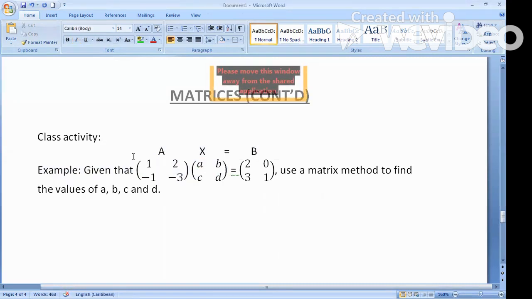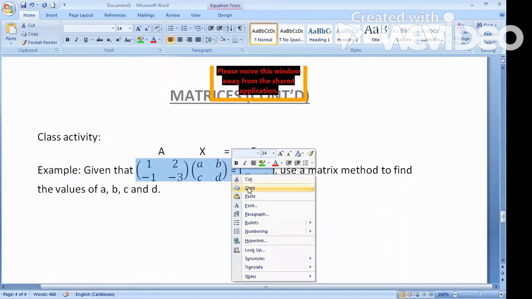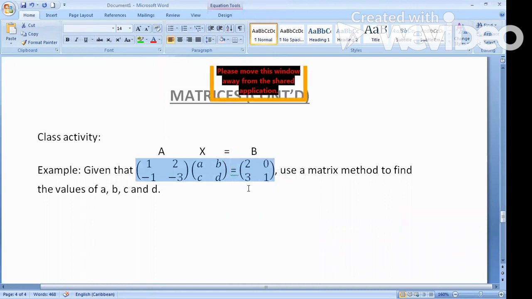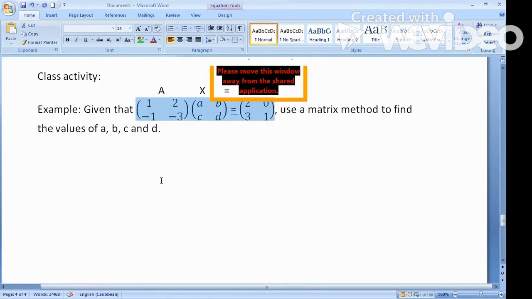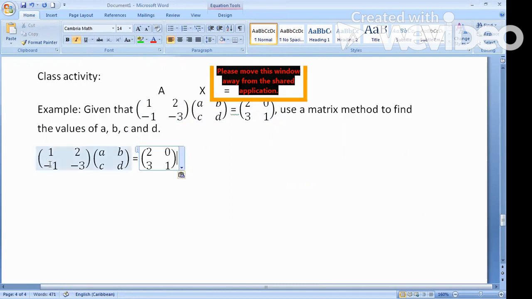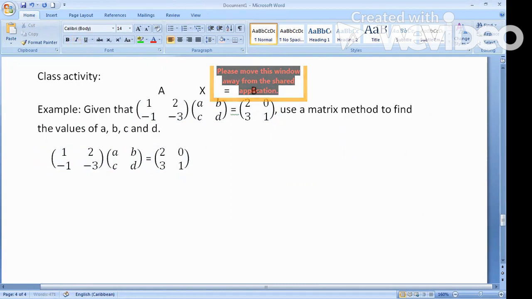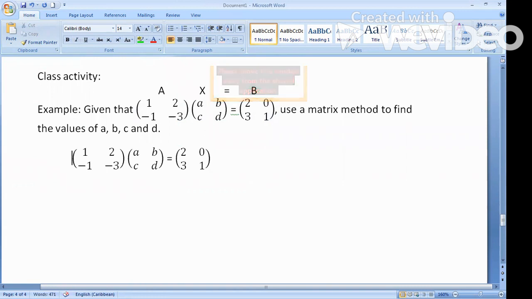Can someone tell me what you got for the determinant of A? Negative 5.